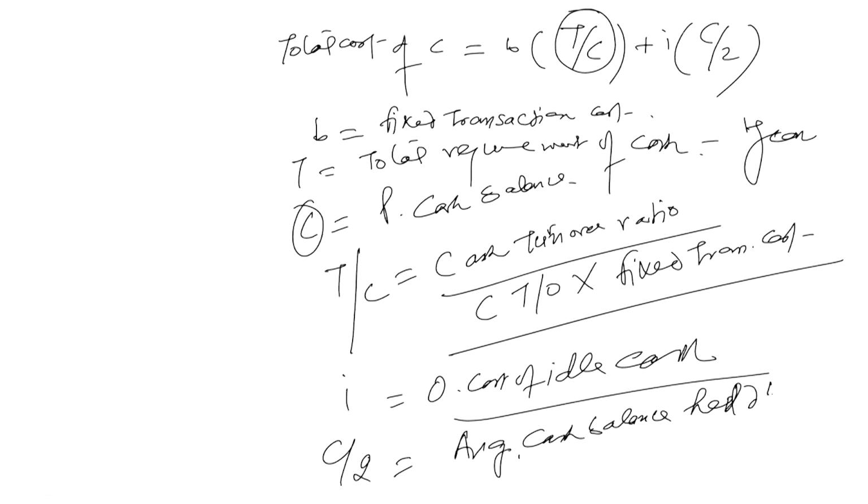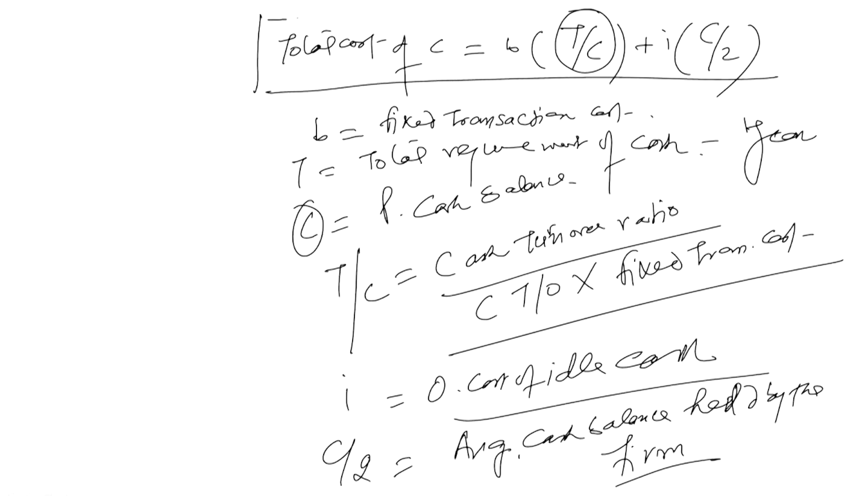So this is the explanation of this model. Total cost of C will be equal to B into T by C plus I into C by 2.